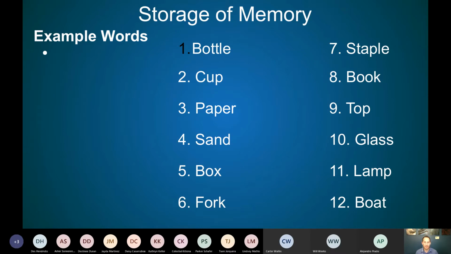All right, take another 30 seconds or so to finish up trying to memorize these 12 words, or using it as an example.